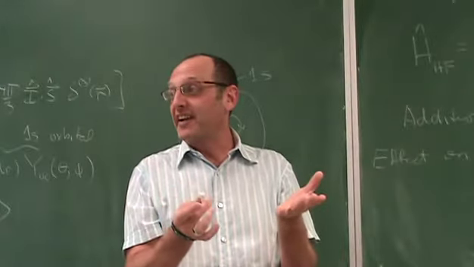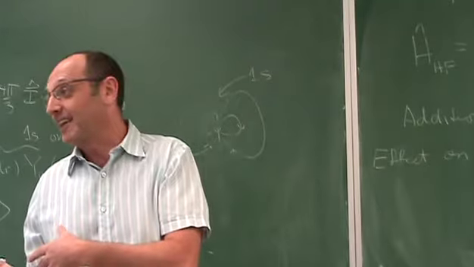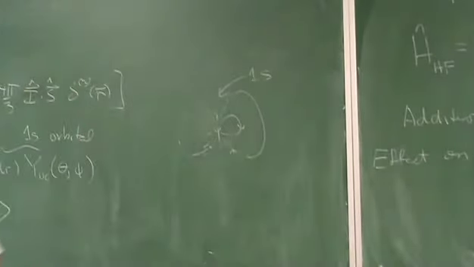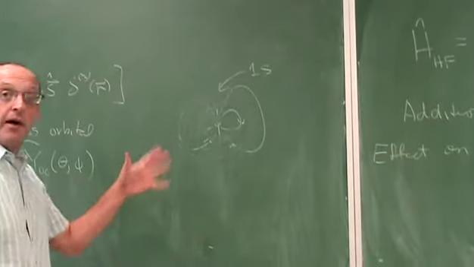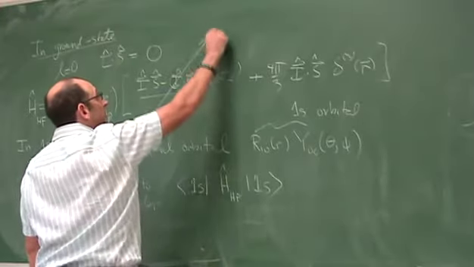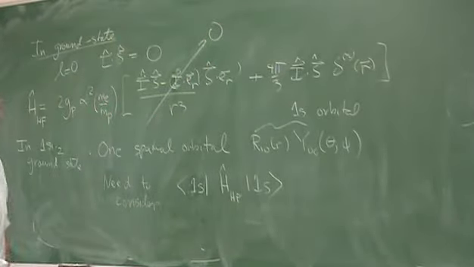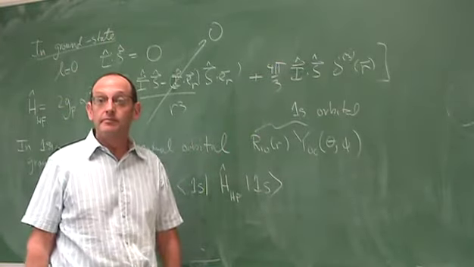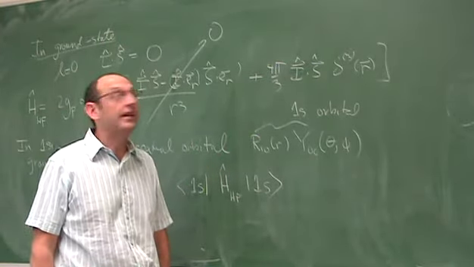And the average of one spherical harmonic with a different spherical harmonic will be 0. Okay. Another way of saying that is related to parity as well. So this term goes to 0. And all I'm left with is this term, if I'm in an S orbital.